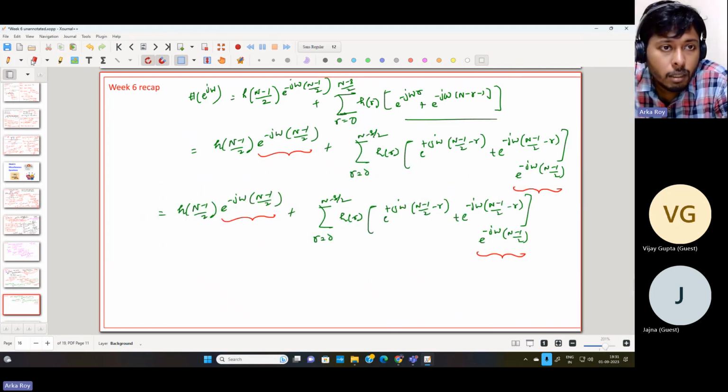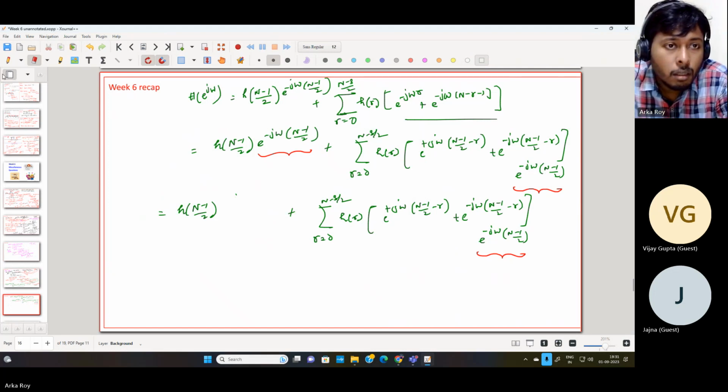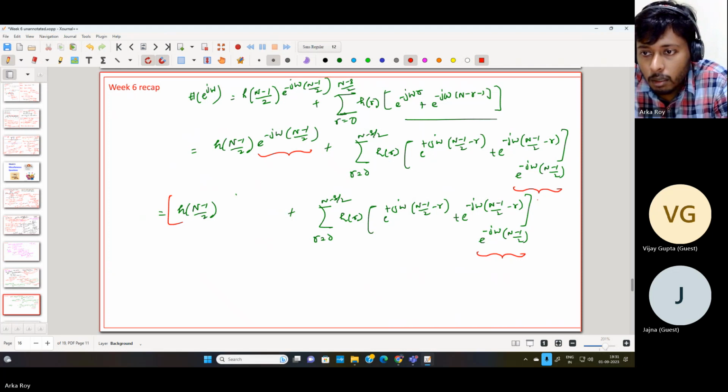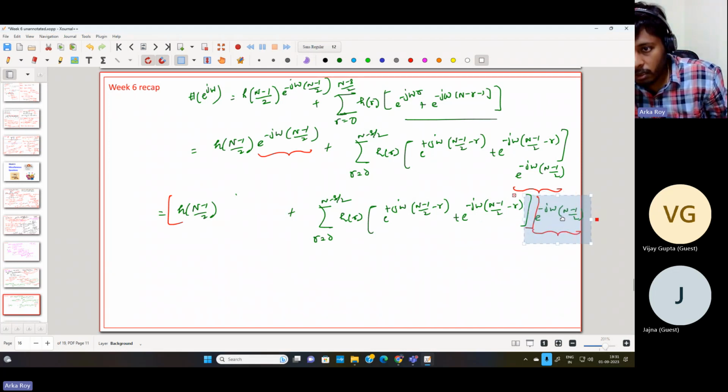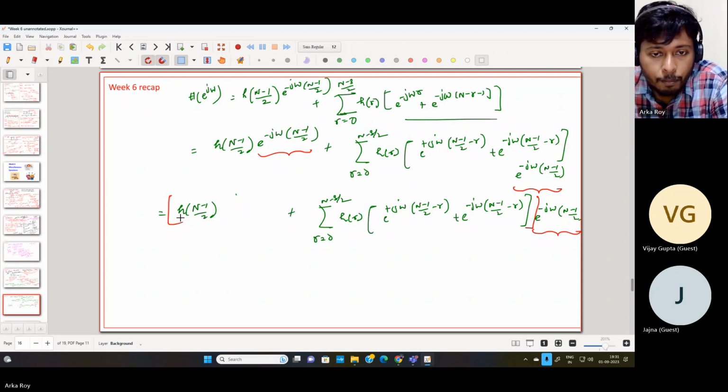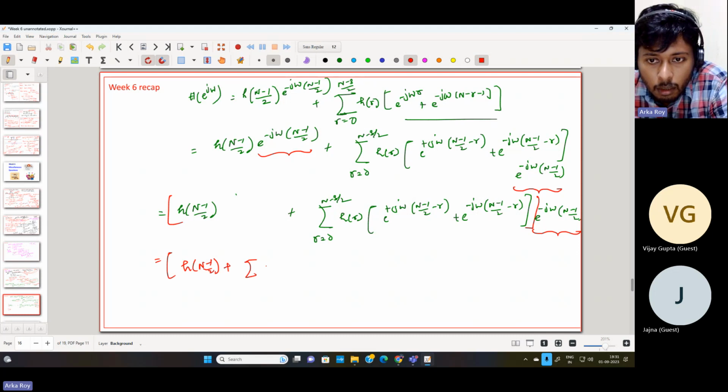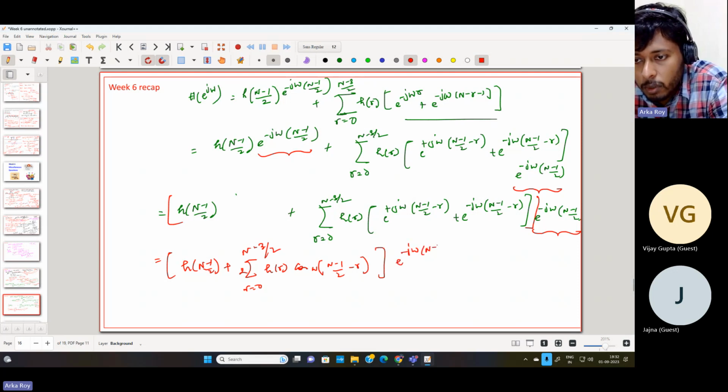So this can also be written in terms of cos: h of n minus 1 upon 2 plus the sum of h of r times 2 cos omega (n minus 1 by 2 minus r), where r is running from 0 to n minus 3 by 2, and then e to the power minus j omega n minus 1 by 2.